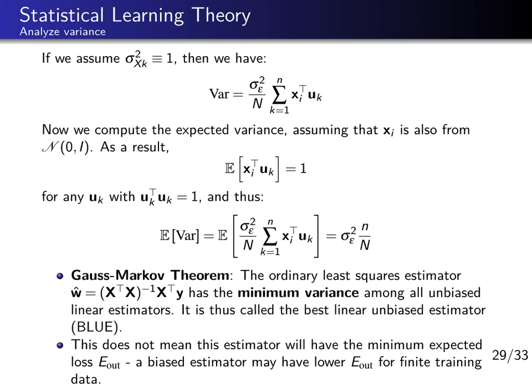But this does not mean this is really the best estimator for linear least squares. It just means that it's the best estimator for linear least squares that is unbiased. So that has zero bias, or zero error, if you keep collecting data and make capital N very large. For a finite amount of data, so especially if capital N is quite small, there may be estimators that have a smaller prediction error but have a finite bias.